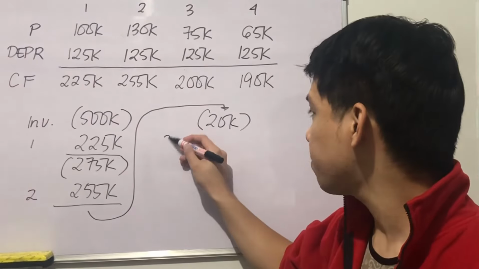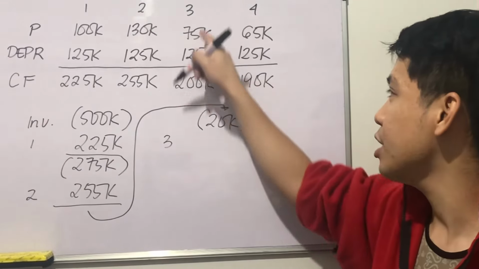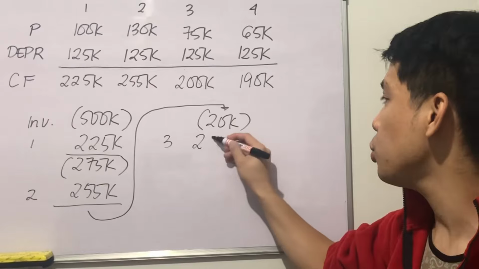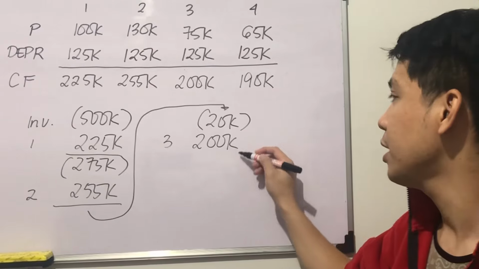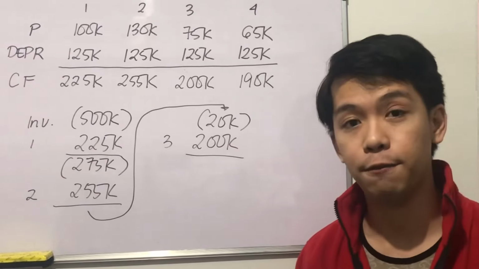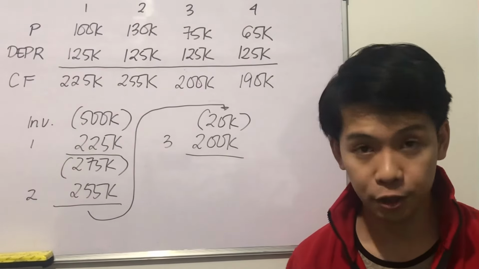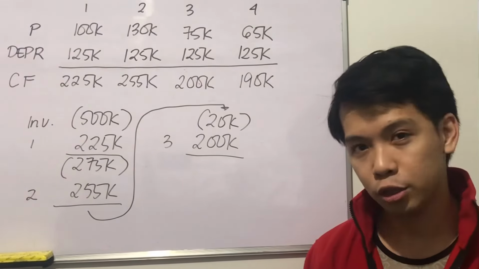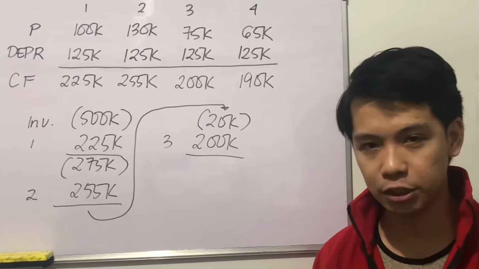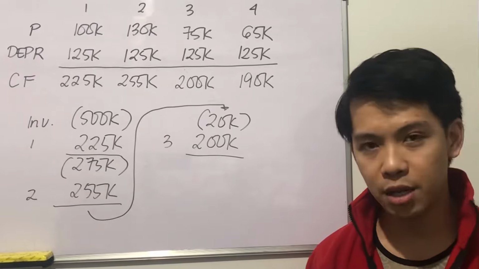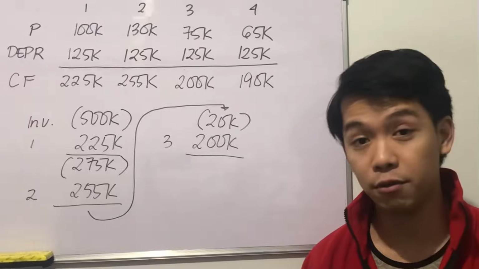If we're going to spend another year, that's year 3, we're expected to generate 200,000. This is more than enough time to recover the investment. So we do not need 3 years. What we would need would be 2 years plus a fraction of a year.